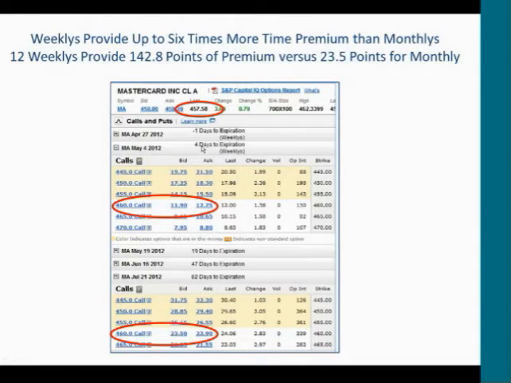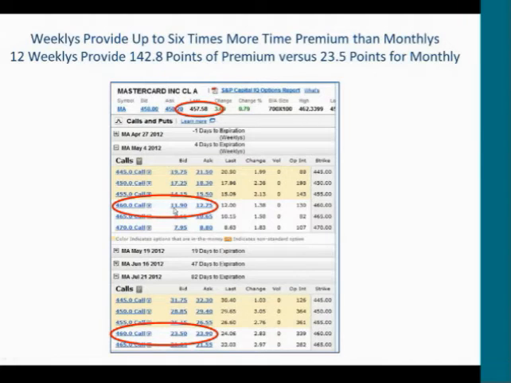And if you were to sell the July call, the monthly call, on this same time period, you would have gotten $23.50 to sell the July. This was back in May when I took the snapshot. So if you sell the July option, you would have collected $23.50. If you sold the weekly option, you collect $11.90.